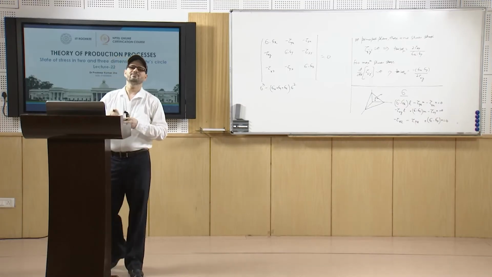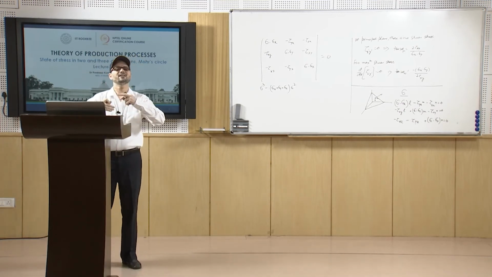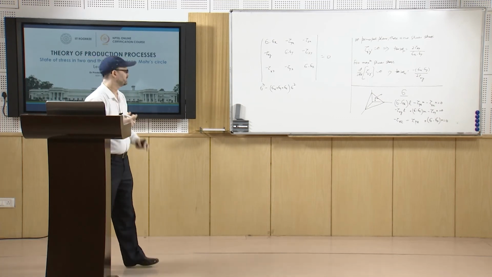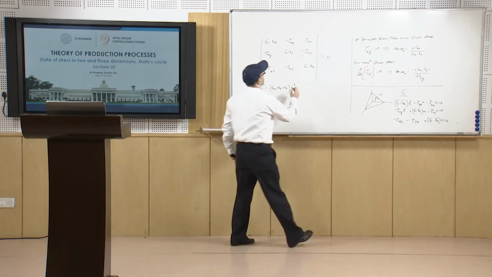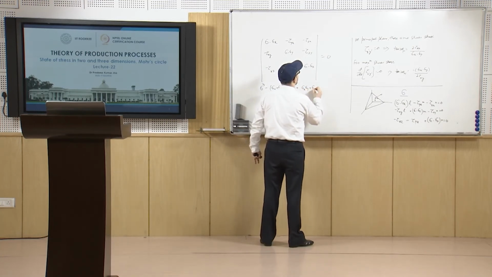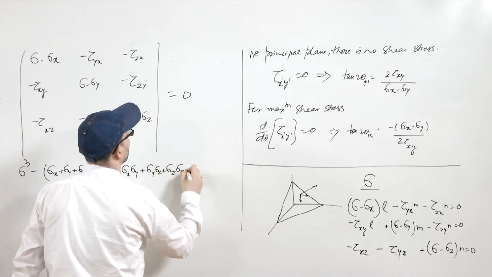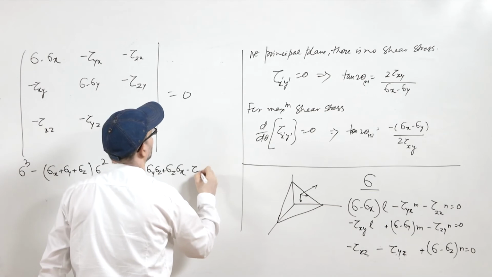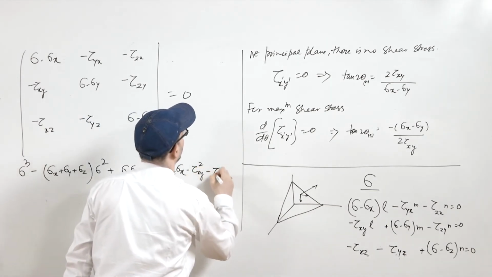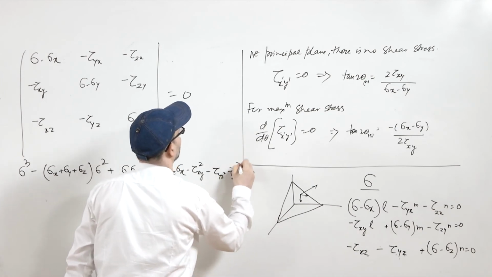Then further you have plus (sigma x sigma y plus sigma y sigma z plus sigma z sigma x minus tau xy square minus tau yz square minus tau zx square) into sigma.